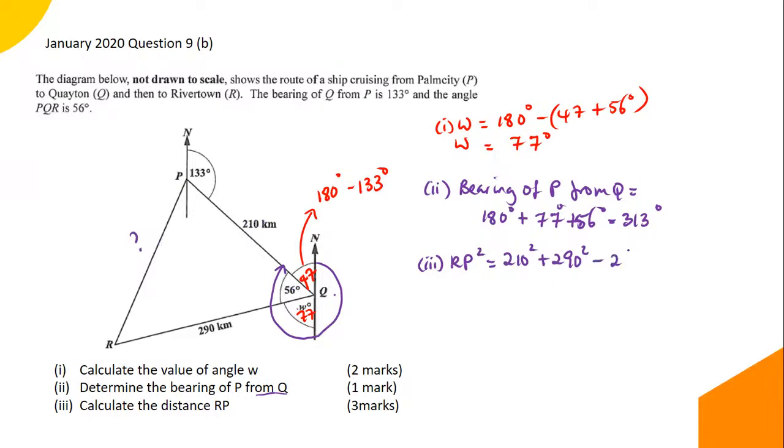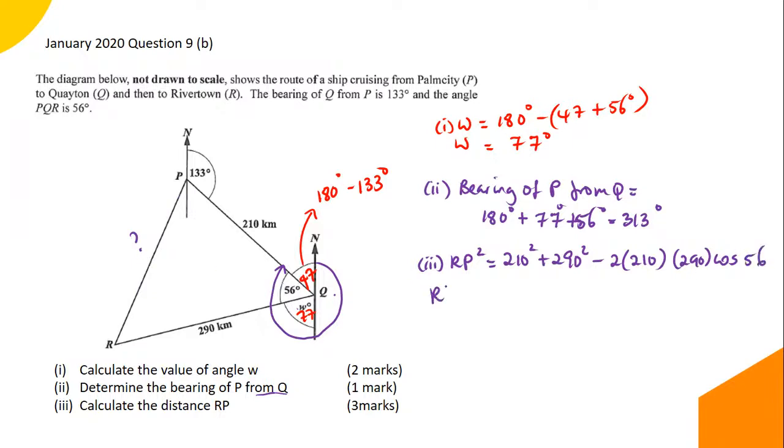So we minus 2 times these two values, times the cosine of the angle opposite to RP, which is 56.